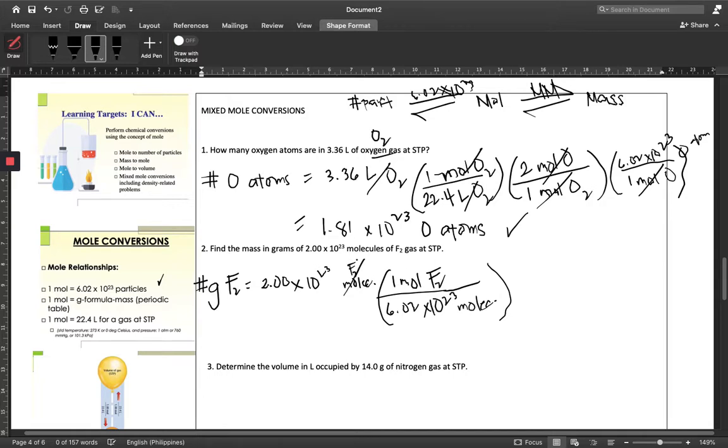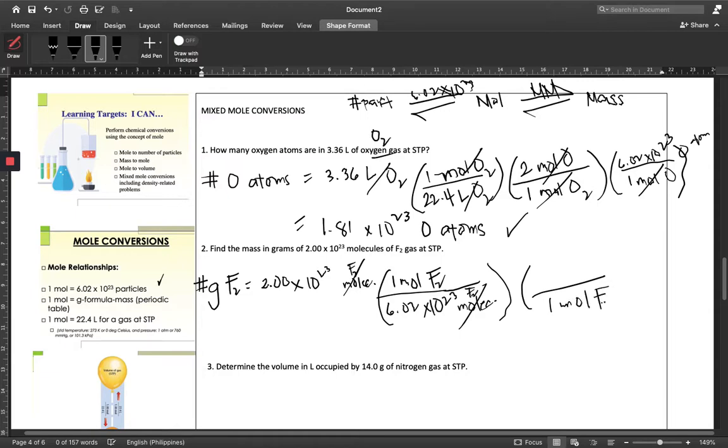So we get to cancel F2 molecules also in the denominator. Alright, now that we have the number of moles, we can proceed with converting moles to the mass in grams by using the molar mass. So this is now 1 mole.